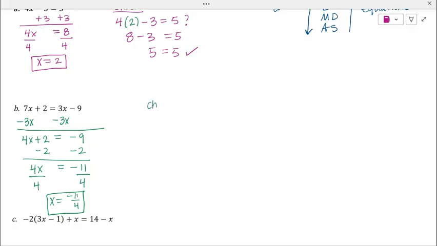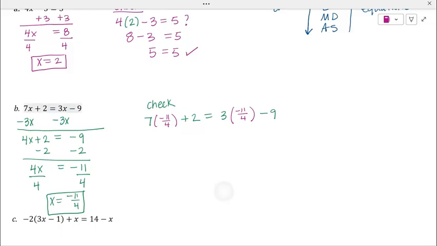Let's check our answer. I'm plugging in negative 11 over 4 in both of the places that I had x in the original. When I have a whole number that's multiplied by a fraction, that number multiplies only by the number in the numerator.